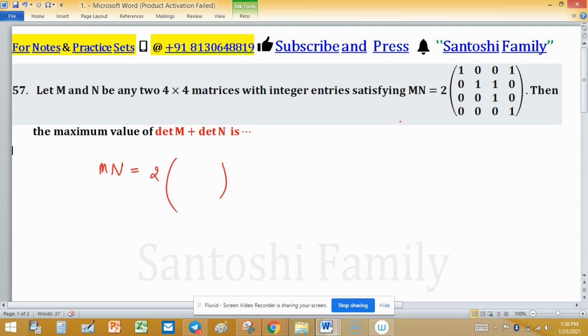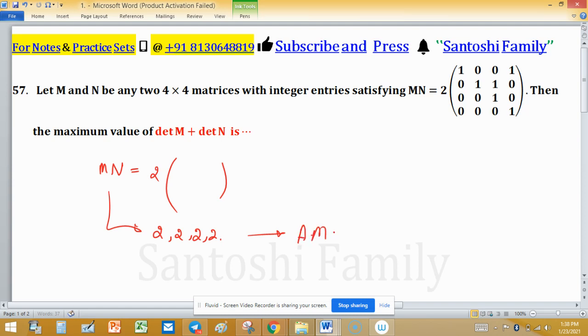When we multiply the scalar 2 into this matrix, 2 will come at the diagonal positions, so it will still be an upper triangular matrix, and we know that for upper triangular matrices the diagonal elements are eigenvalues, so its eigenvalues are 2, 2, 2, 2, four times, meaning the algebraic multiplicity of 2 is 4.